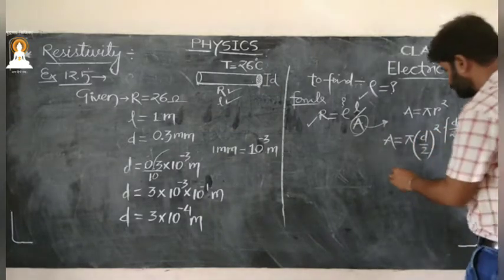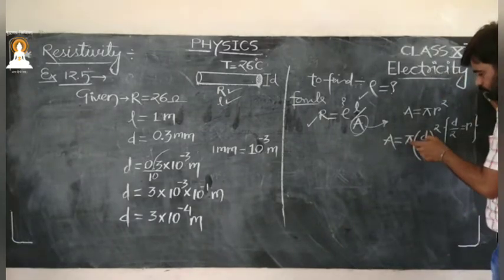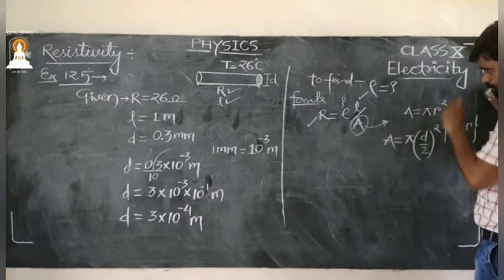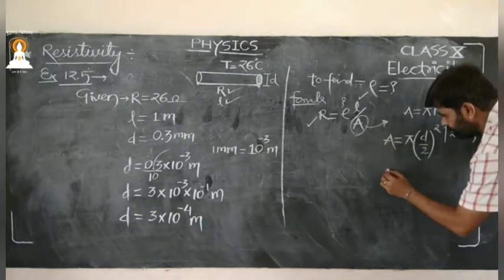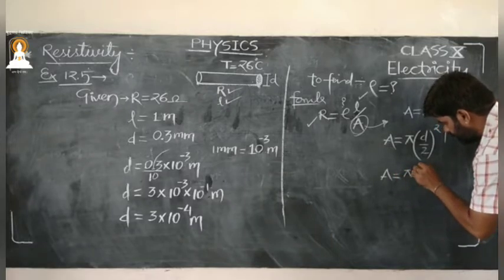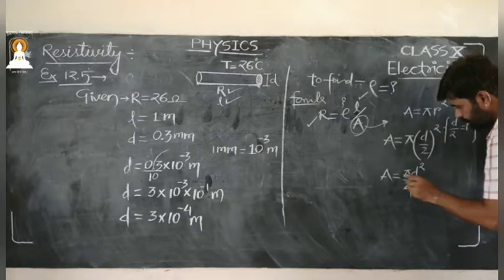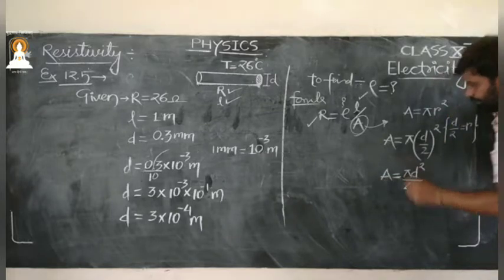We know d, and pi is a constant. So this is pi d square by 4, since 2 2s are 4. This is our final expression for area.